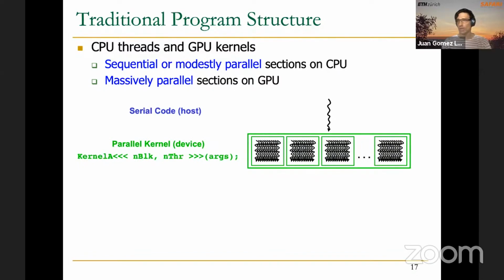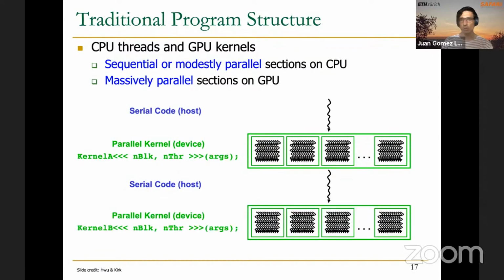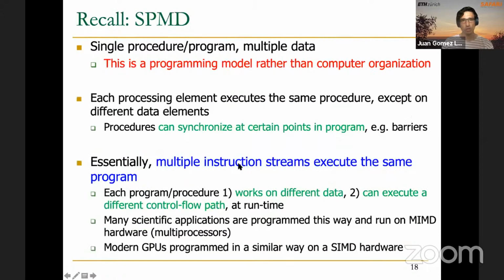And at some point, this massively parallel section will finish as well, and we will return the control to the CPU that will continue with some execution of serial code, and then again, we may launch a new, maybe the same kernel or maybe a new kernel onto the GPU device. And here you can already see what's the syntax for these calls to these kernel functions, GPU kernels or GPU functions that are executed by the GPU threads.